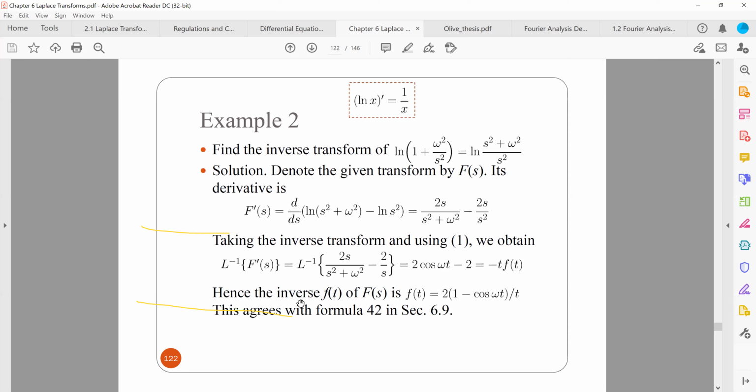Hence our inverse, because we wanted f of t, we don't want t times f of t, we have to divide this term by minus t to get our answer as 2 into 1 minus, because of this minus term, we change the signs on here. The 2 becomes positive and this becomes negative. And we divide by t, so we end up with 2 into 1 minus cos omega t.